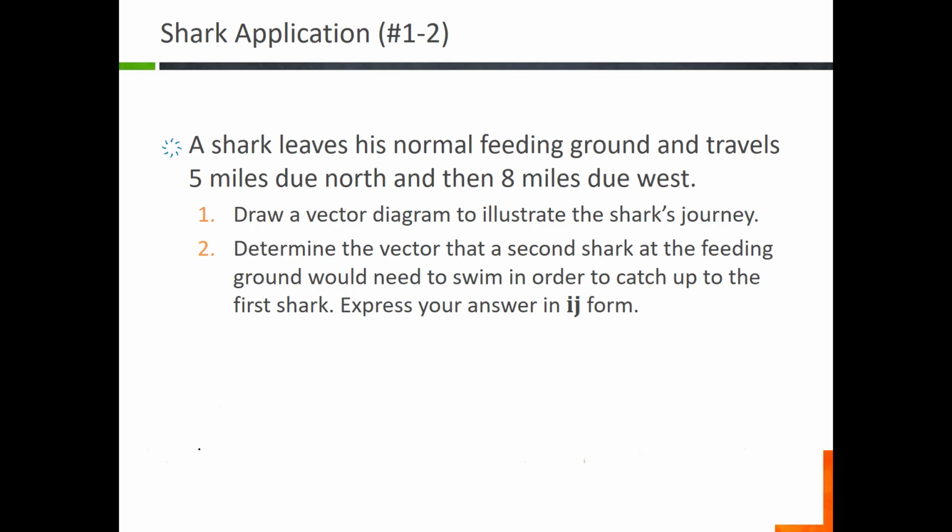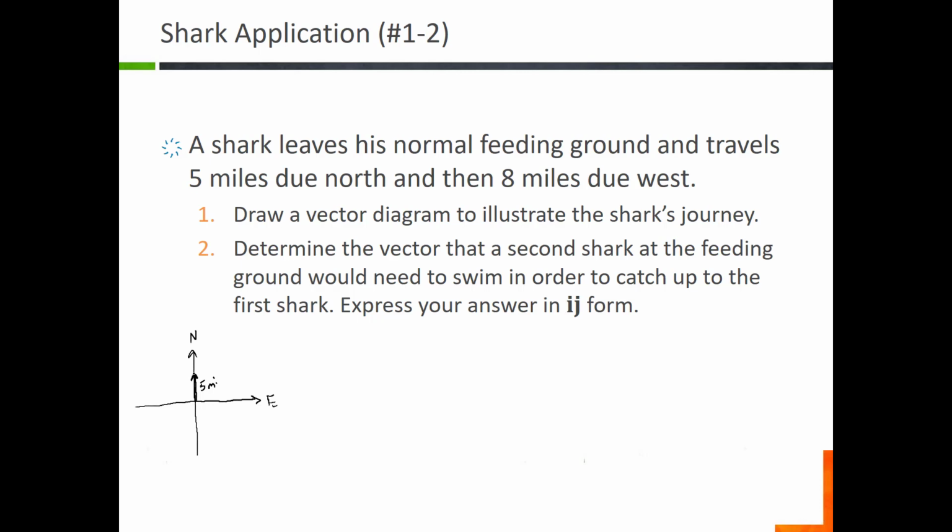So we first want to draw our vector diagram. We'll draw our y-axis, which is north-south, and then our east-west x-axis. The shark first swims 5 miles due north, so that's along the positive y-axis. Then he swims 8 miles due west.